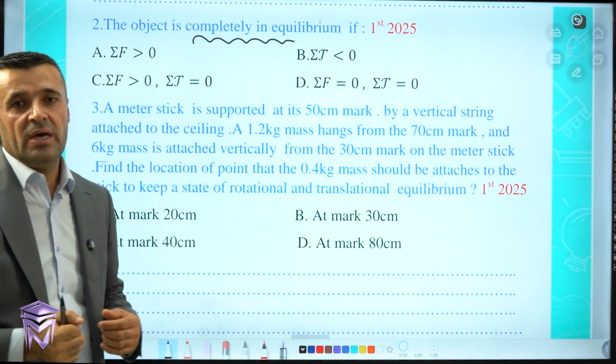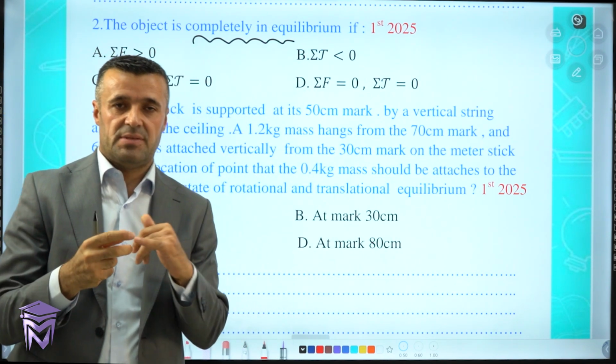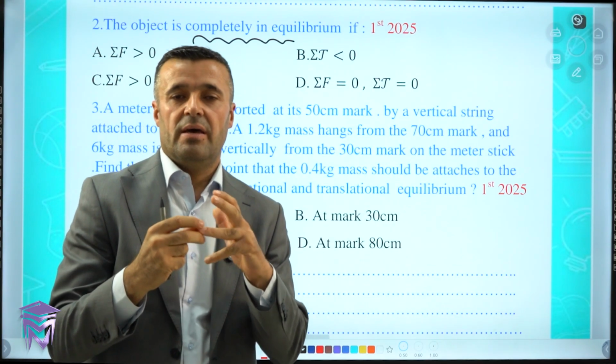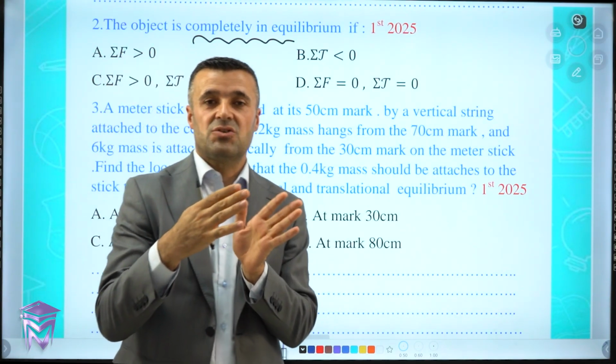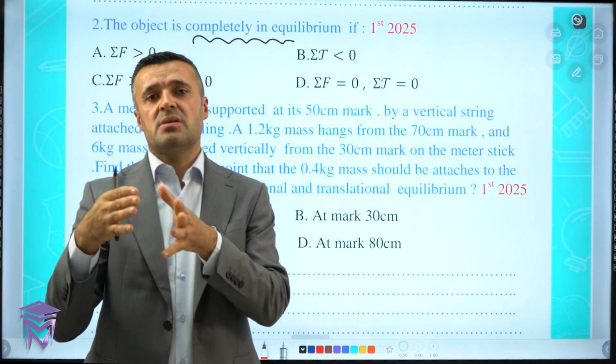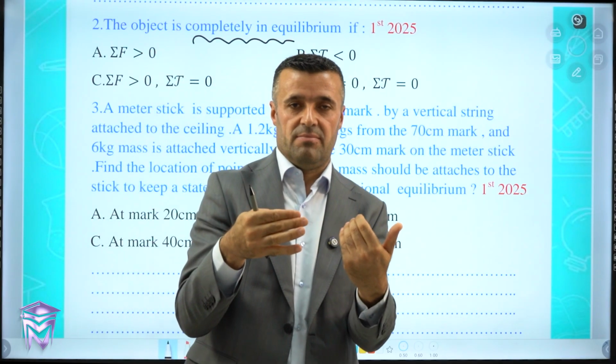We know that we have three types of equilibrium: translational equilibrium, rotational equilibrium and complete equilibrium. Sometimes it's called total equilibrium.